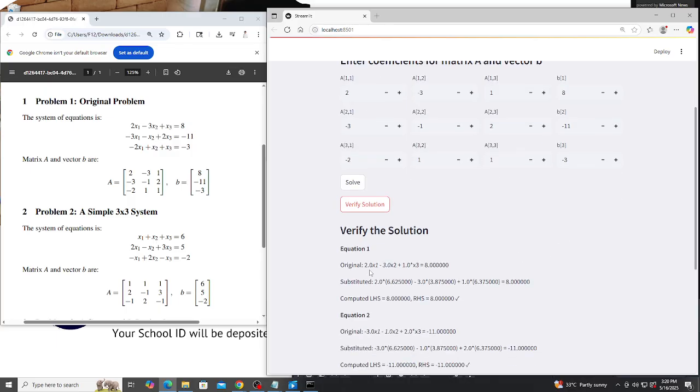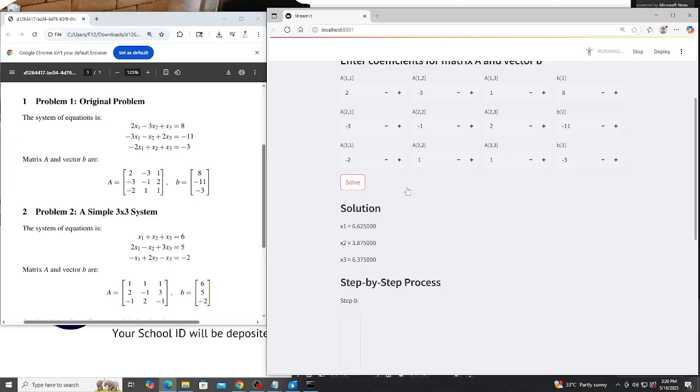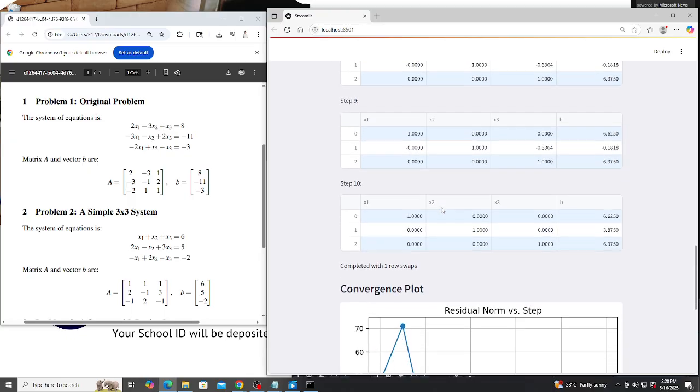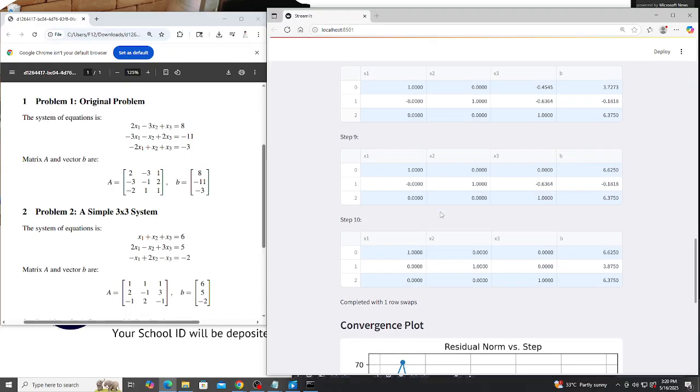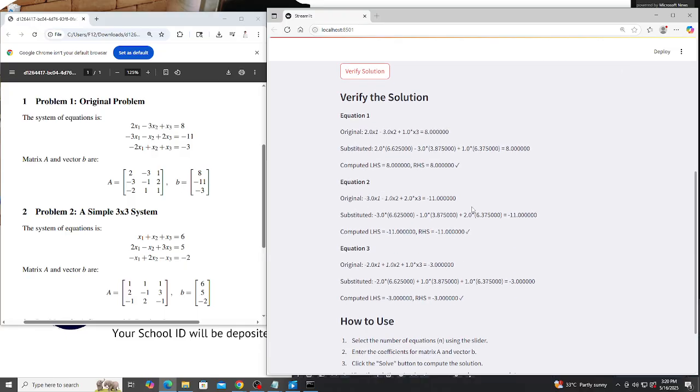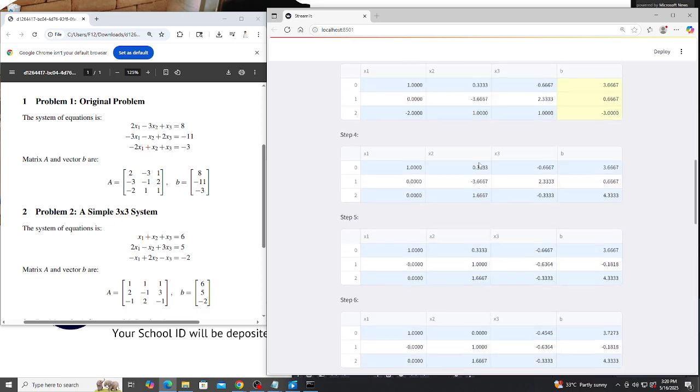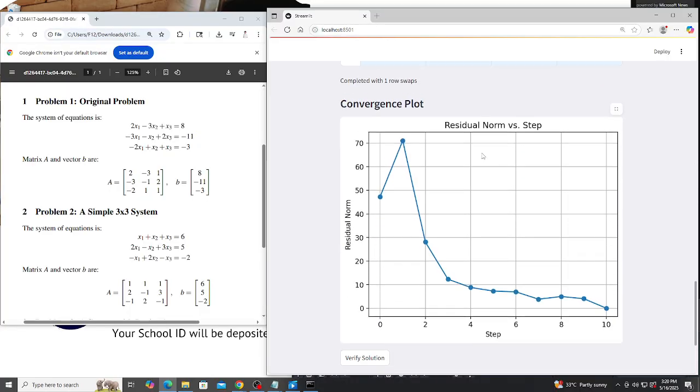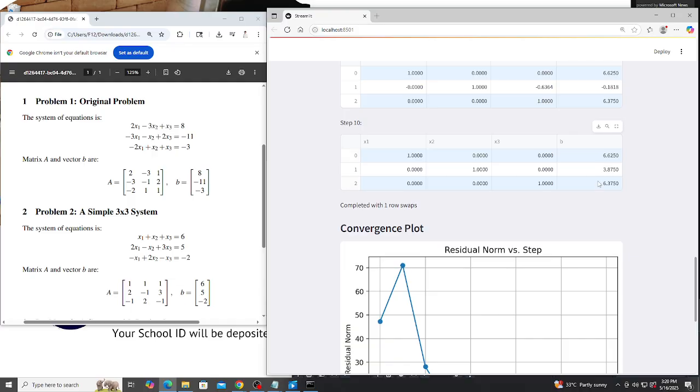So 2 times 1, -3 times 2, and 1 times 3. We just substitute the numbers we get from the reduced matrix, the A, B, C.